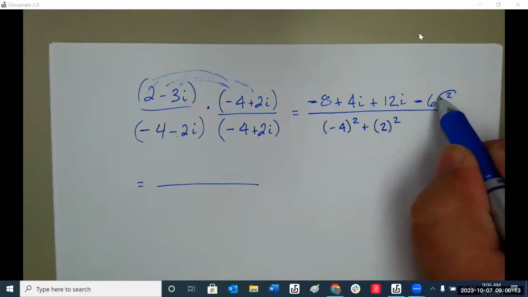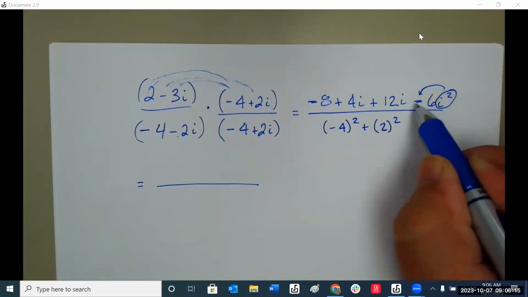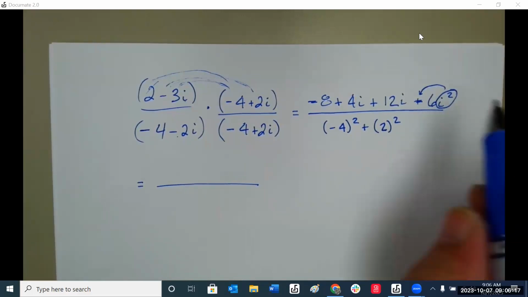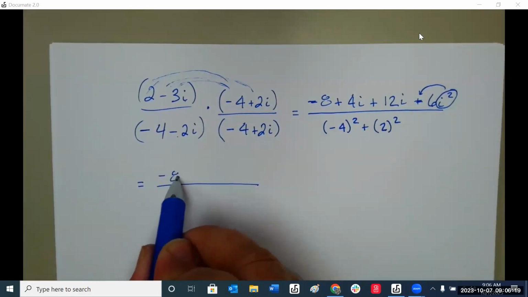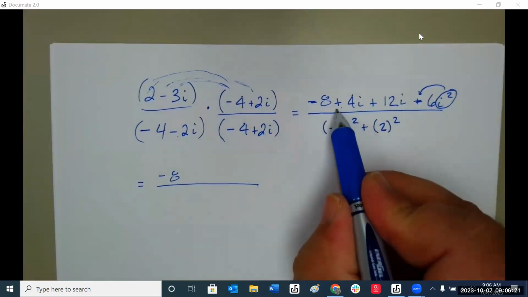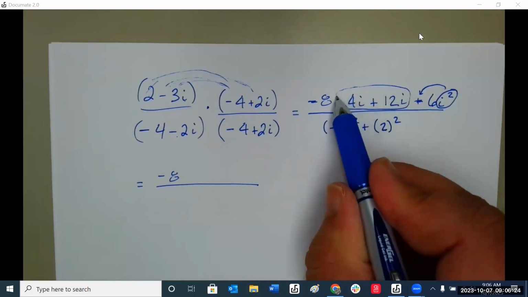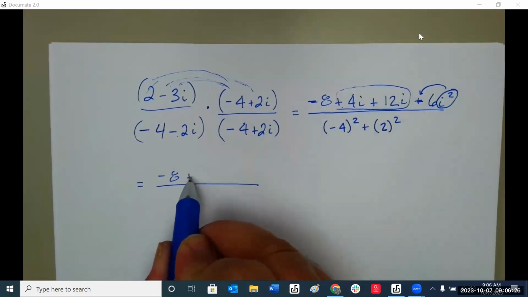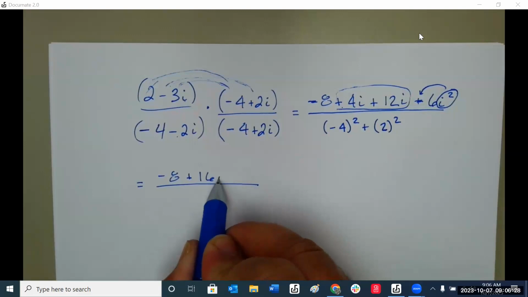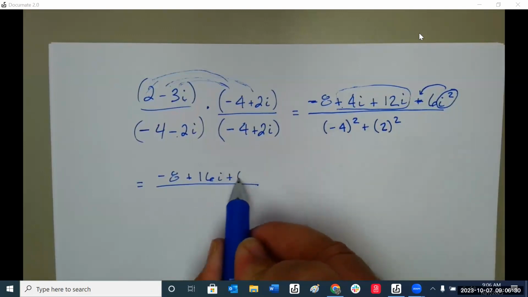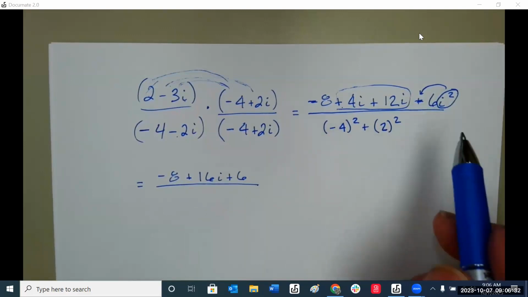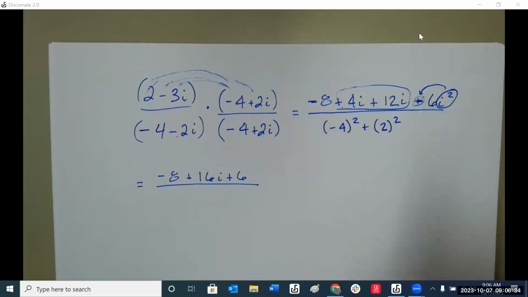So this changes that sign to a plus. So we have -8, combine like terms. They're both positive. 4 plus 12 is 16i plus 6. It changes sign.